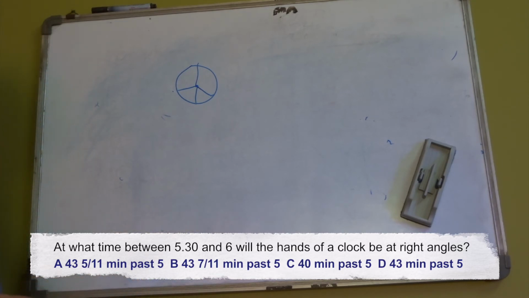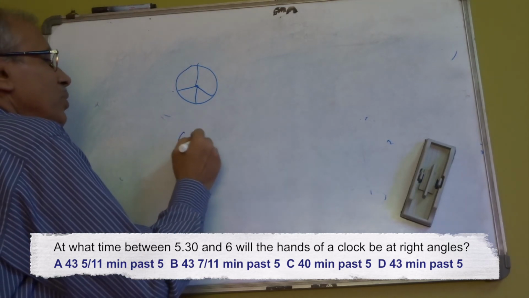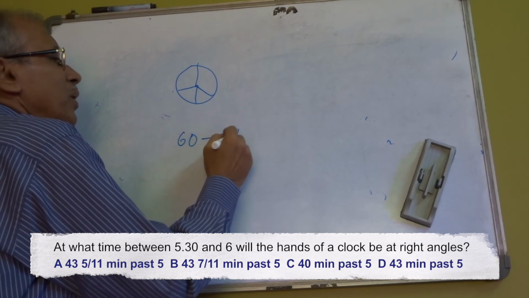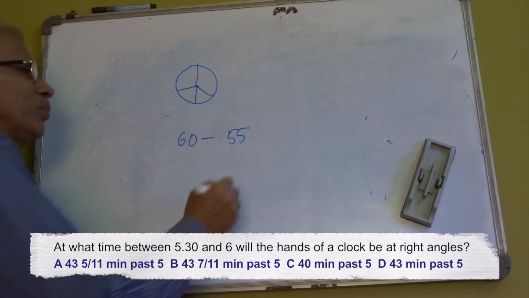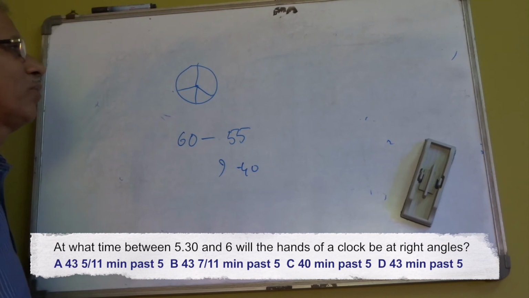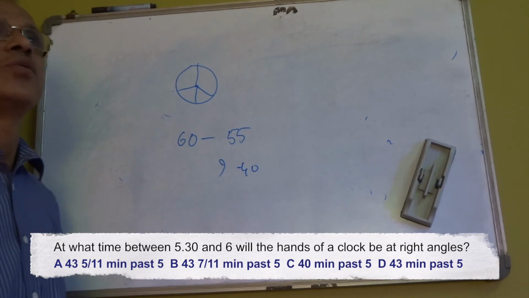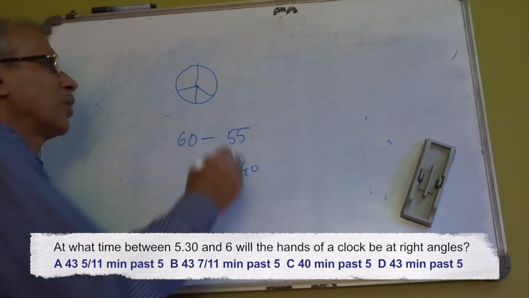I told you when the minute hand is moving 60 minutes, the hour hand is only moving 5 minutes distance. So there is a gain of 55 minutes. So in every 60 minutes, the minute hand gains 55 minutes. Right? Now we want an actual gain of 40 minutes, because if the hour hand were stationary, at 5:40 it would be right angles, but it will not be because the hour hand also moves.